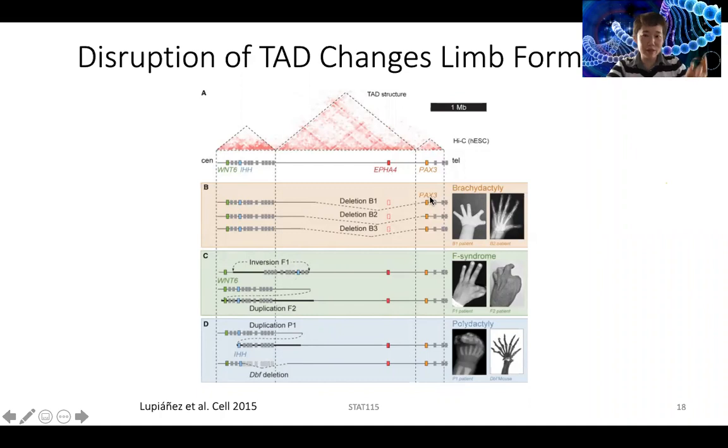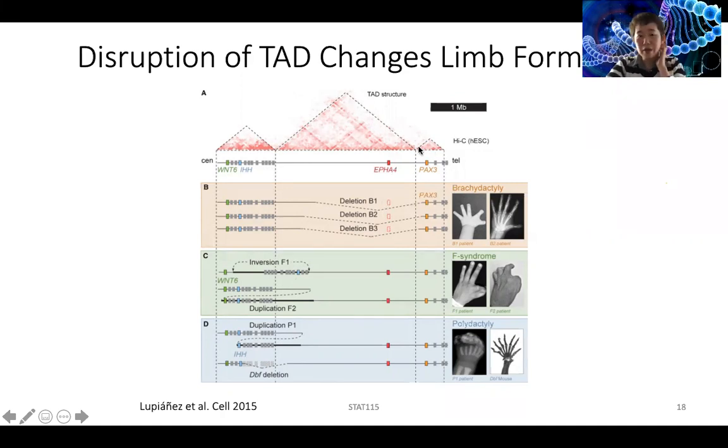You can see this region is kind of interesting. The PAX3 gene somehow controls the fingering, and by an enhancer on the left.